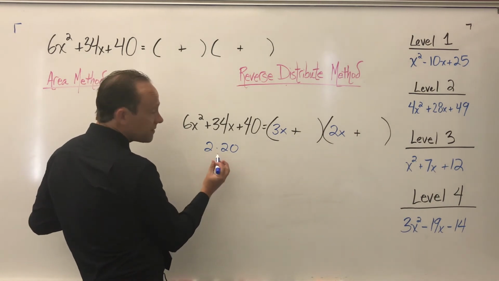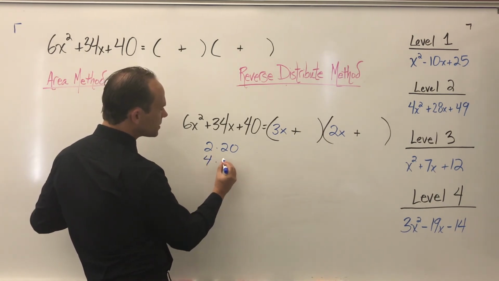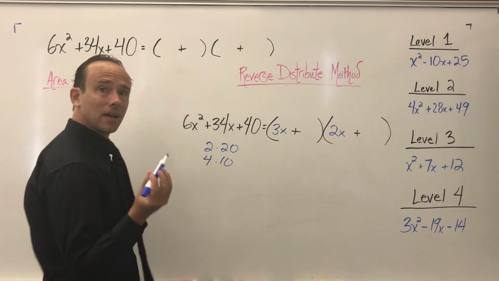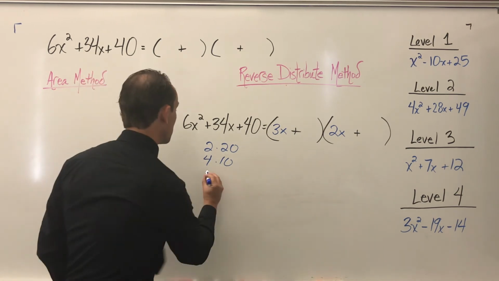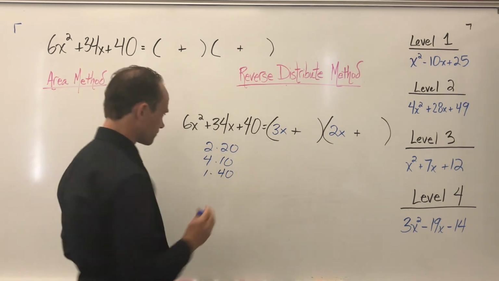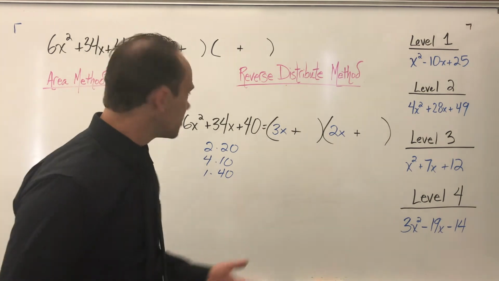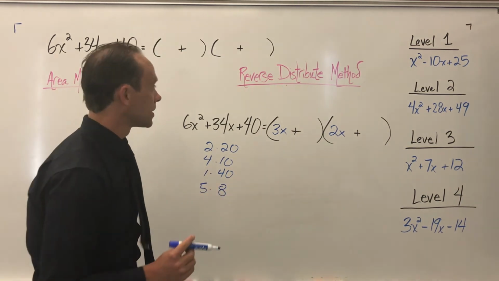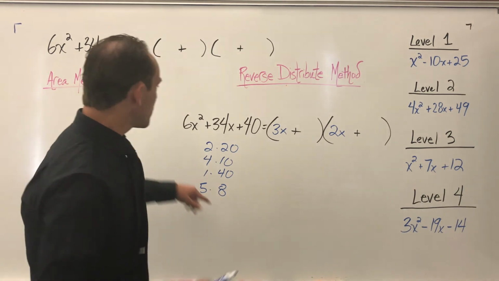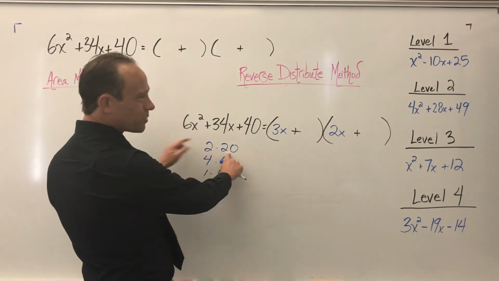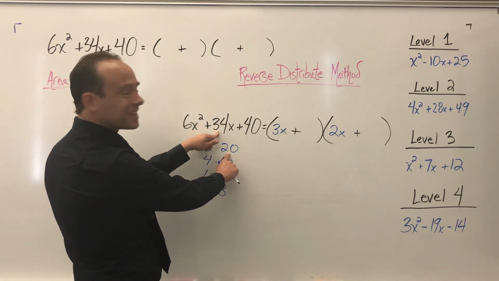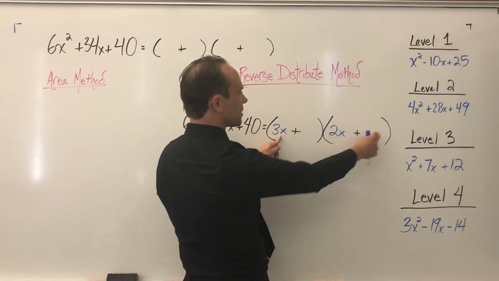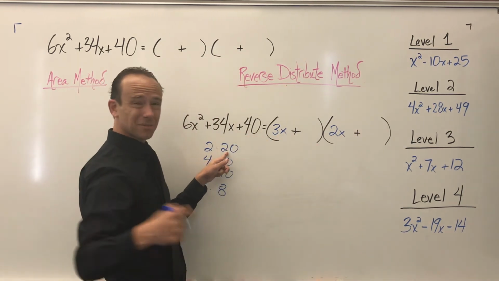Now, we have other things here. We've got 4 times 10. And I'm probably missing some. 1 times 40. Also, what do we got? 5 times 8. And so here we go. If I think of 2 times 20, I don't think we're going to add to 34 because you're going to get 3 times 20, which is going to be 60.